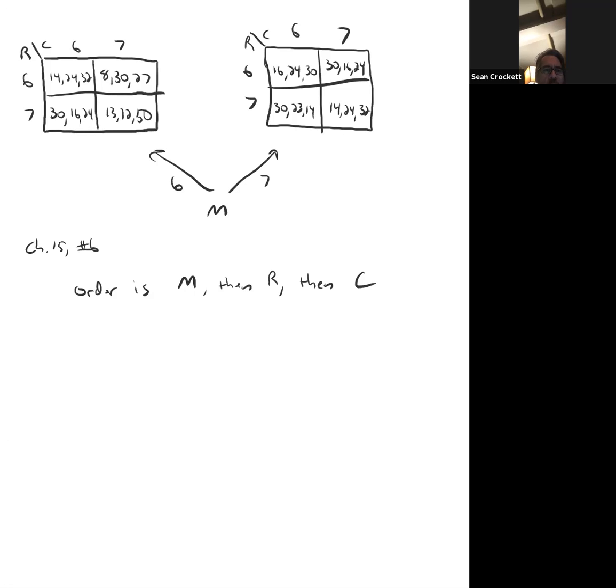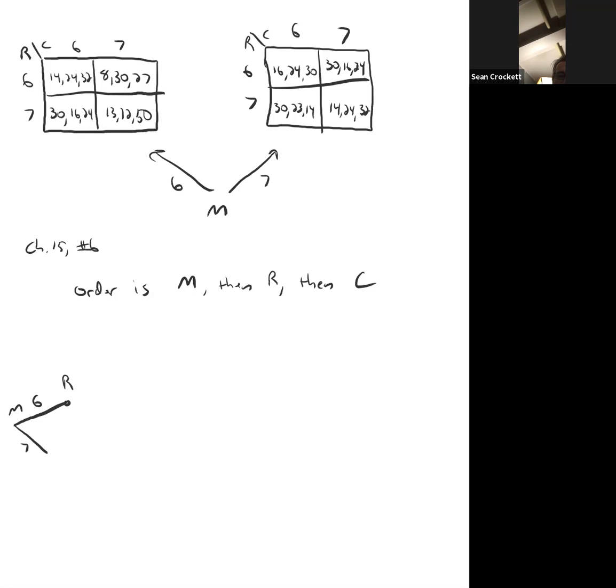So there won't be dotted lines because the players will know what each other have done. So C is going to get to see what R has done before C has moved. So M will move first, 6, 7, and now R is going to get to move, having seen what M does.